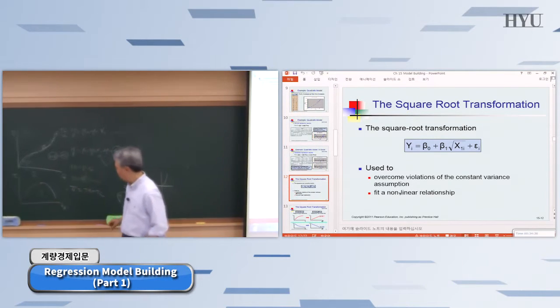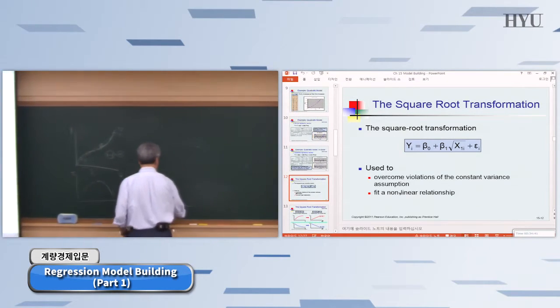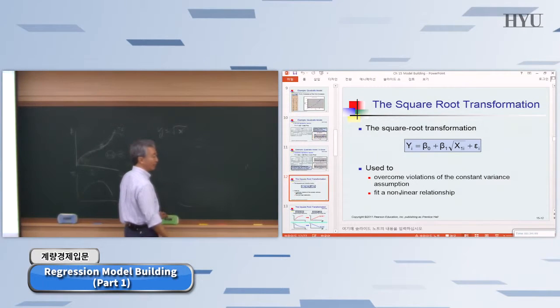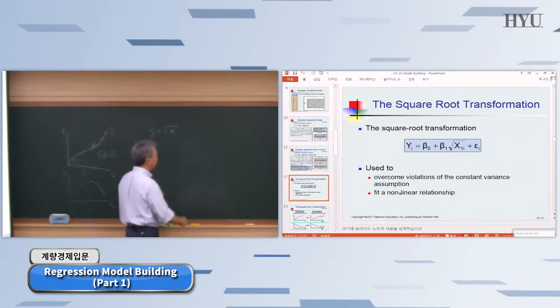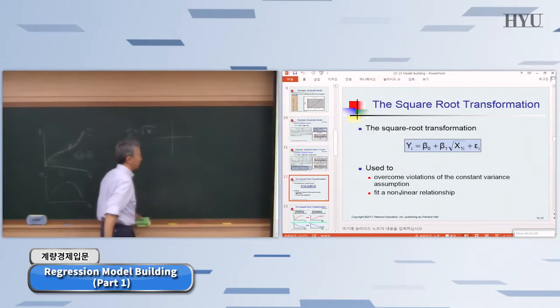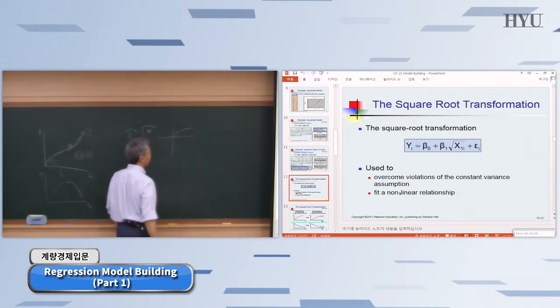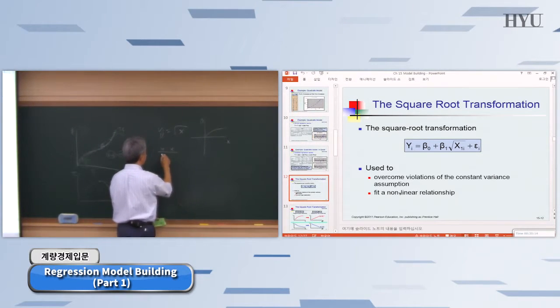Well, square root. If you remember, y is equal to the square root of x. Does anybody remember the shape of this curve? How does it look? Yeah, that's right, it goes like that if you have x and y.